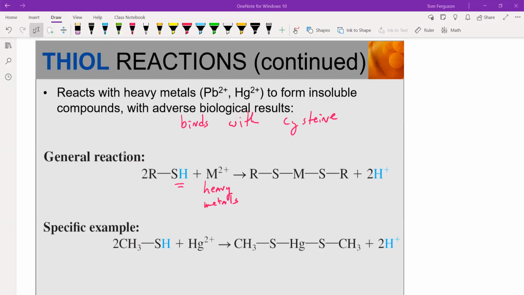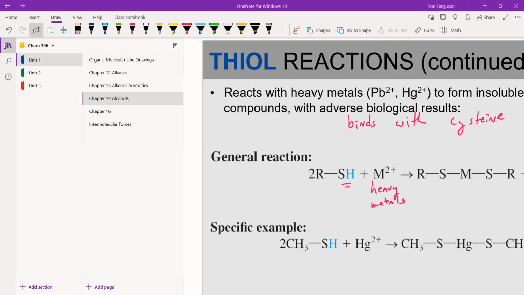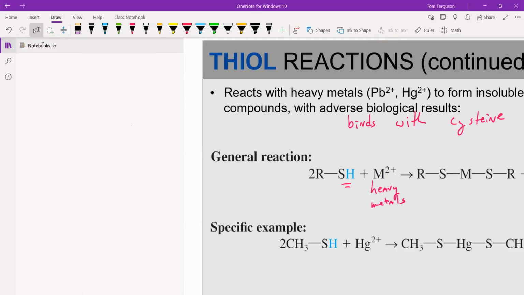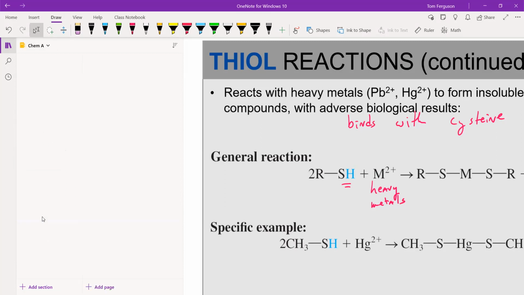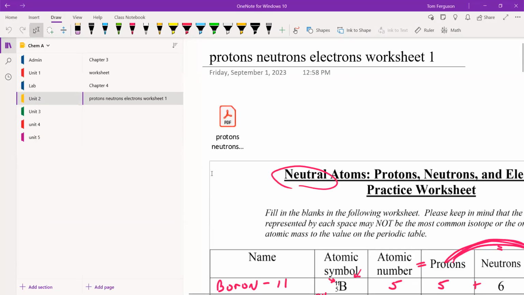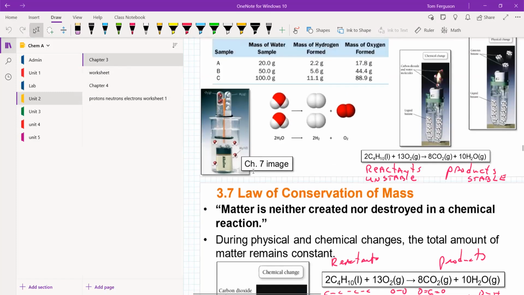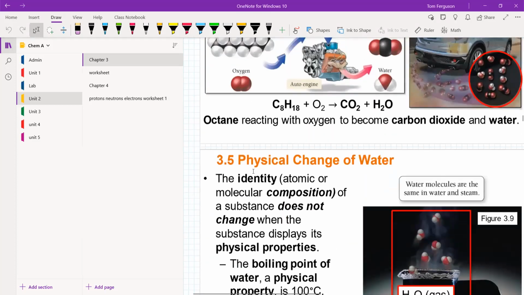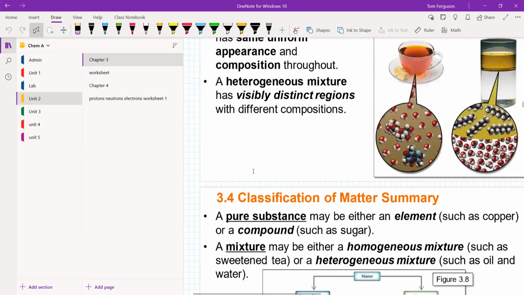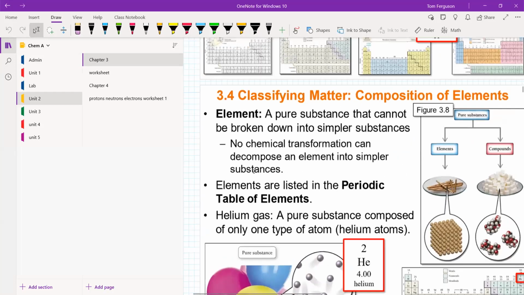On the periodic table, you look at a periodic table. I'm going to find the periodic table here. Let me show you that. Oh, here's one.